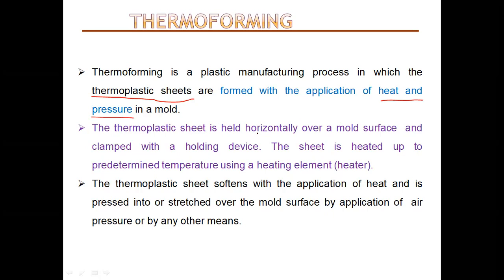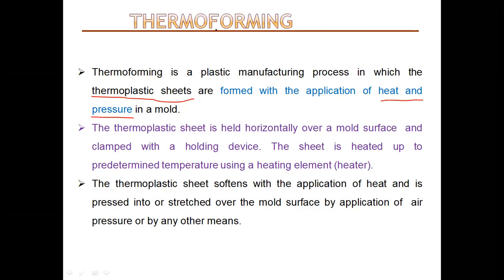This process is widely used in packaging of consumer products, and also to fabricate large products like bathtubs and the internal door liners for refrigerators. For such applications, the thermoforming process is used.